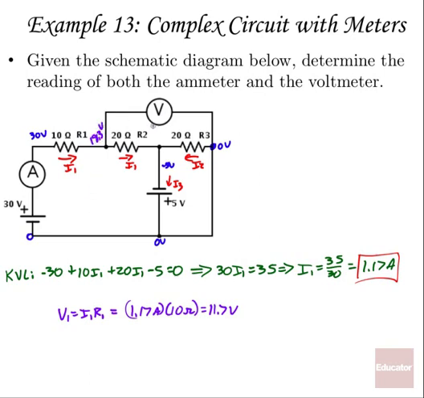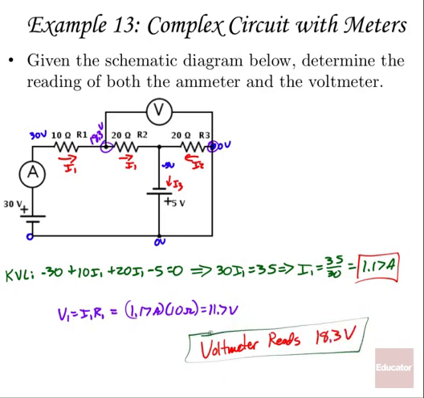And the voltmeter measures the difference from this point to that point. That's how it's attached. The difference between 18.3 and 0 volts is just 18.3 volts. So the voltmeter reads 18.3 volts. Our second answer. That wasn't nearly as bad as I expected when we first looked at it.